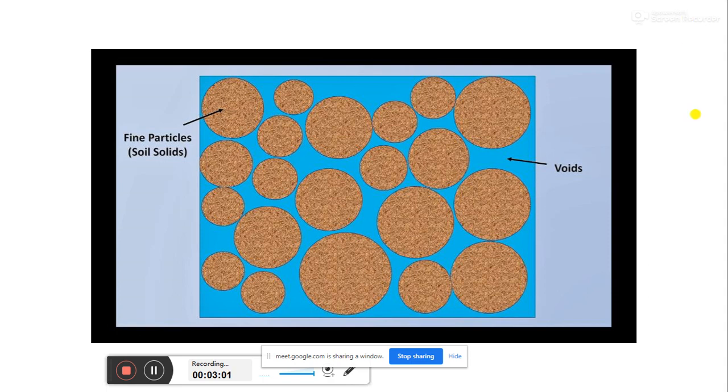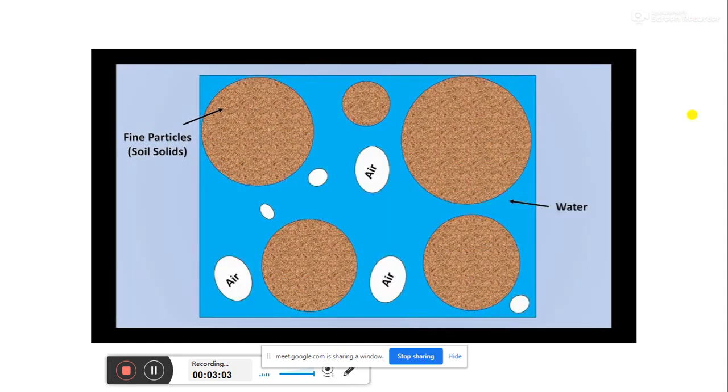During consolidation, the air first goes out. Now you can see the voids, and these voids are filled with air and water.